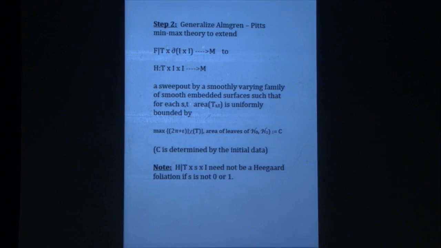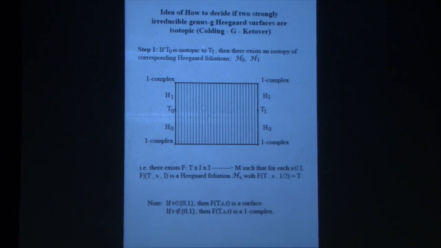So here's this remarkable thing: to generalize the Almgren-Pitts min-max theory to 2 dimensions. Here you have this square of mappings of a surface into the 3-manifold, where on the left is the original Heegaard foliation, the right is the other original one, and the top and bottom are maps of 1 complexes.